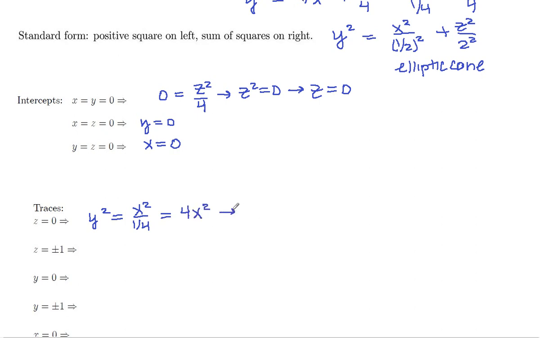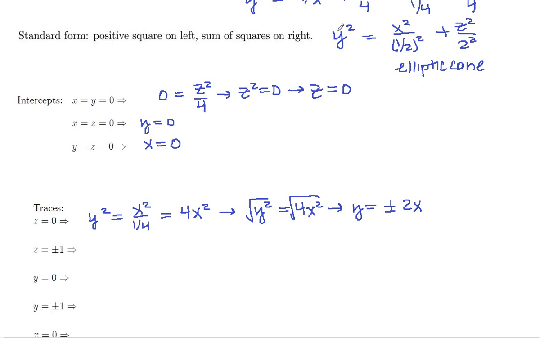And so then if you take square roots on both sides, so you got your y squared is 4x squared. Take square roots on both sides, and that will give you y equals plus or minus 2x, because you got positive and negative square root. So those are intersecting lines at the origin.